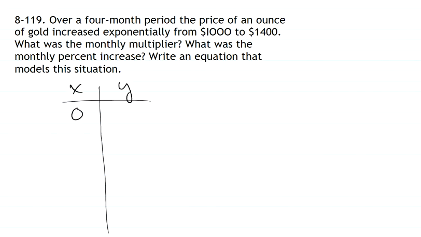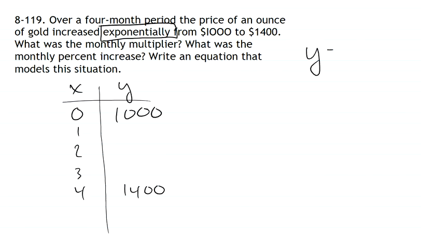They're telling us that at month 0, or at the beginning, it was $1,000 per ounce, and at the end of month 4, so here's month 1, 2, 3, 4, it was worth $1,400.